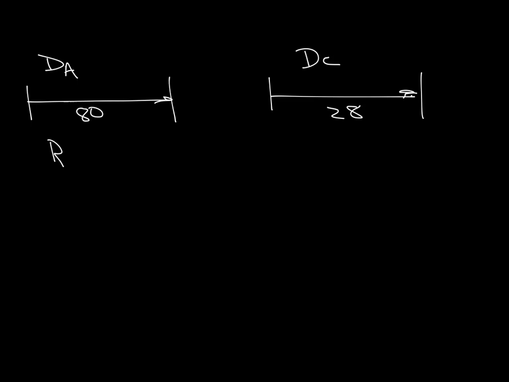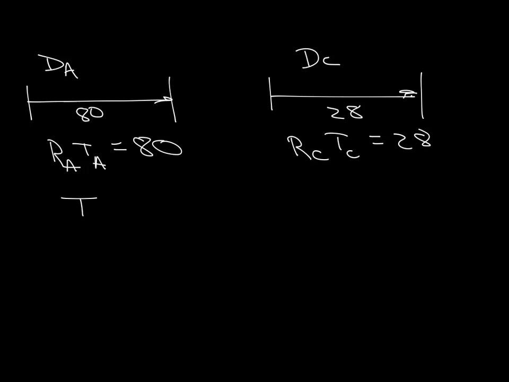So her rate times time equals 80. And her rate times time equals 28. Okay, so there we have 4 variables and 2 problems, so we need to come up with a couple more problems. Alright, so what else do we know?